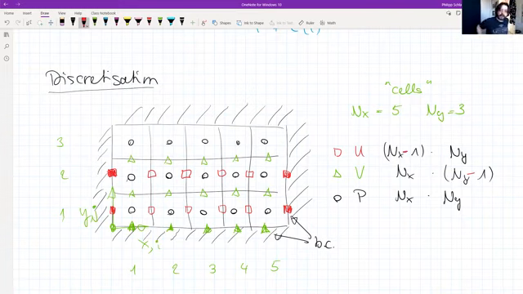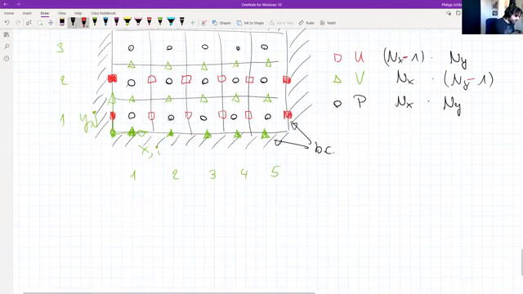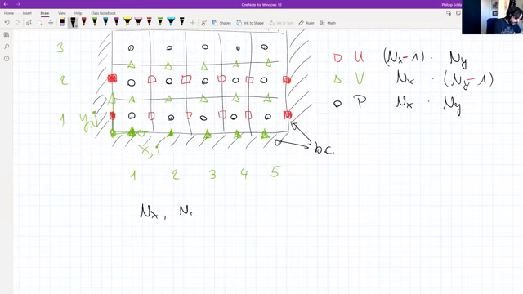So it's quite important for you to realize that in the MATLAB code, nx and ny correspond to the number of cells that you have. So in this case, 5 times 3.